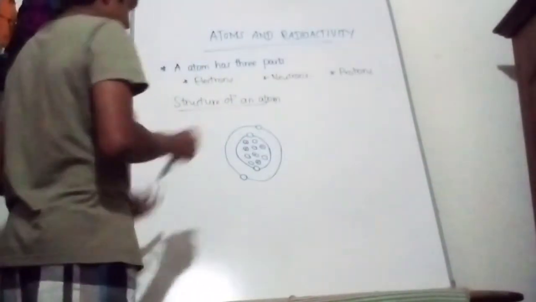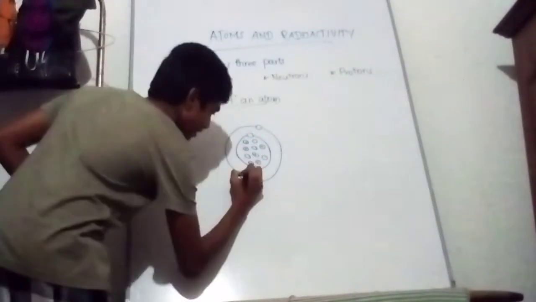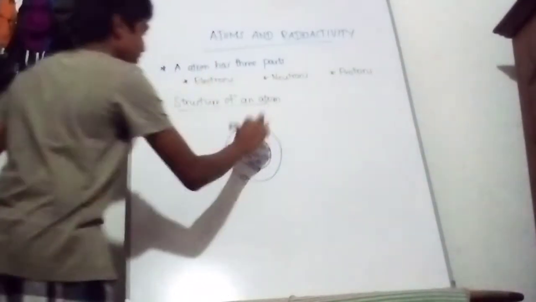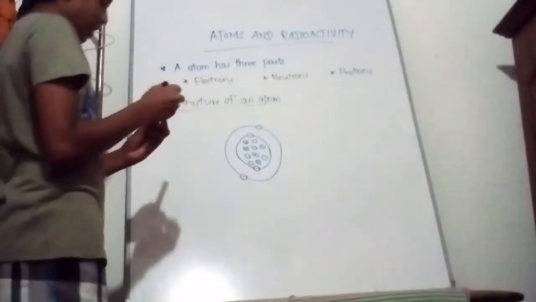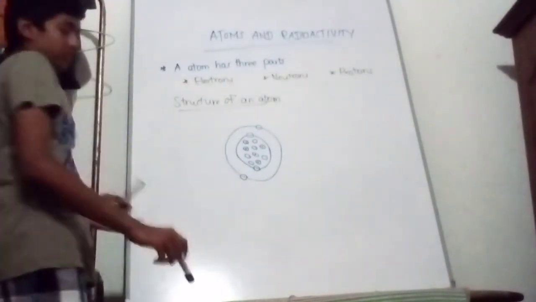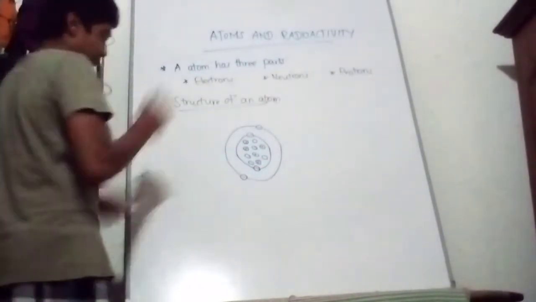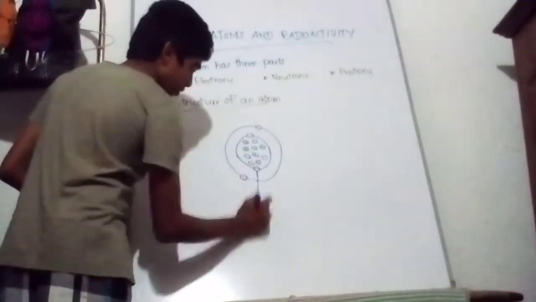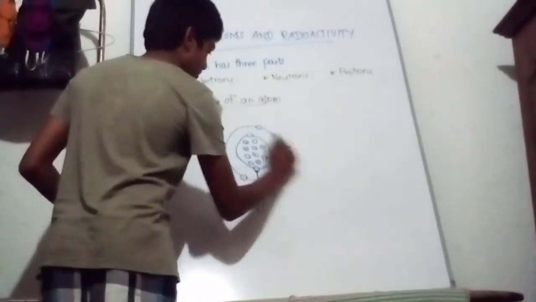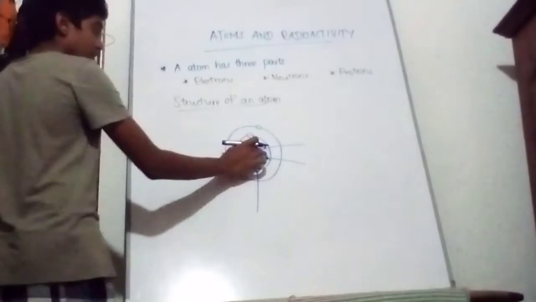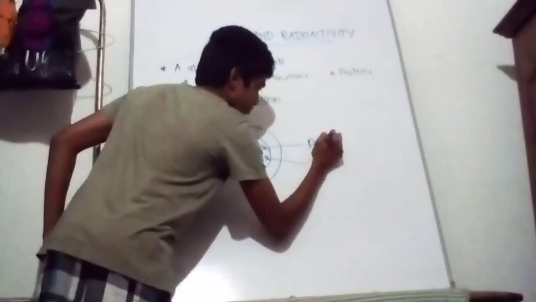And these are the electrons. The minus marks which I have marked right here, these four are electrons. This is a special thing. I'll label those and explain to you. These plus ones are protons.